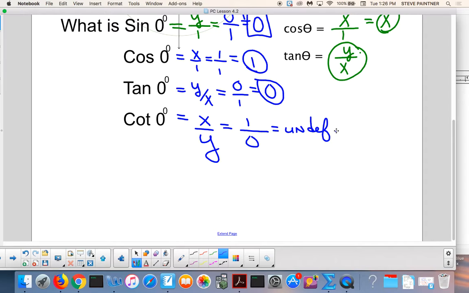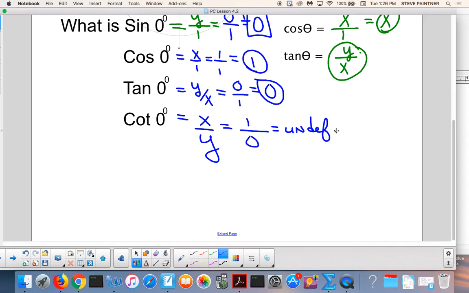So on a graph, if you're coming towards 0 degrees, what's going to happen right at that point? You're going to run into no answer, so what's going to happen? It's going to go up, up, up. It's a vertical asymptote. Or you might go down. I don't know which way you're going to go because I don't really know the function.